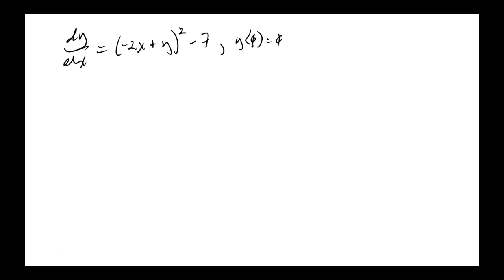Now, what's your substitution? Let u equal, this is some function of a linear expression. So let u equal minus 2x plus y. Now, do we need to do anything with the 7? Not really.